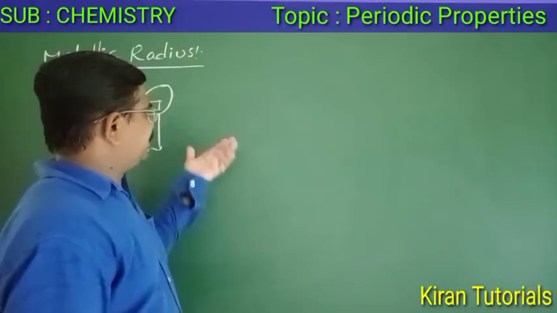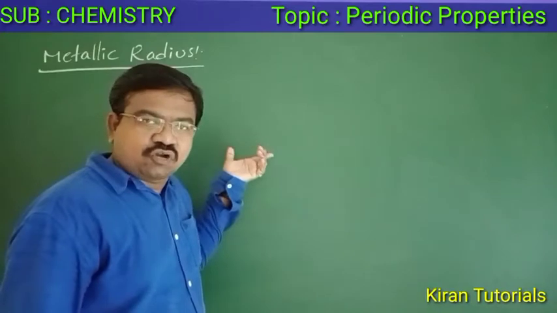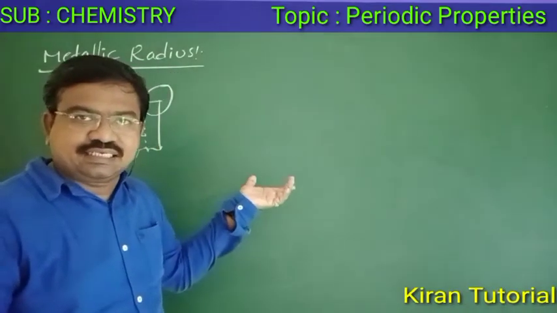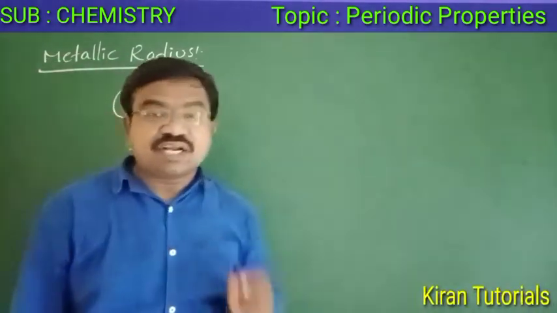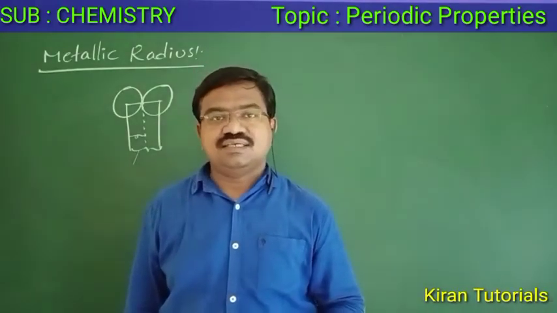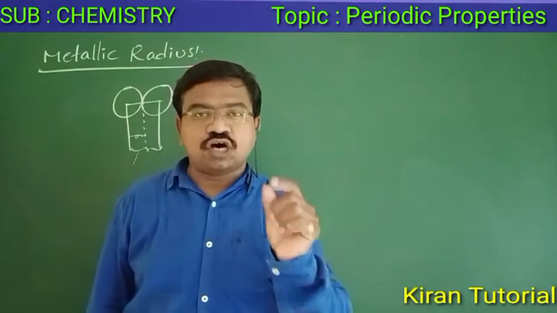Same. If there is 200 picometers, then its metallic radius is 200 by 2, that is half of the internuclear distance. Metallic radius is measured for metals, whereas covalent radius is for non-metals.